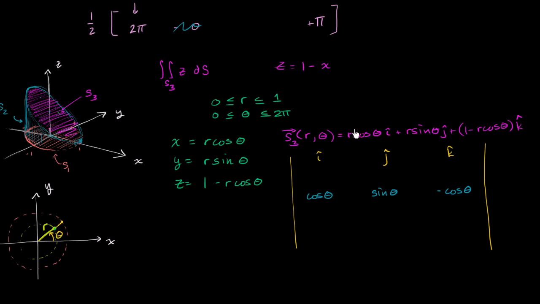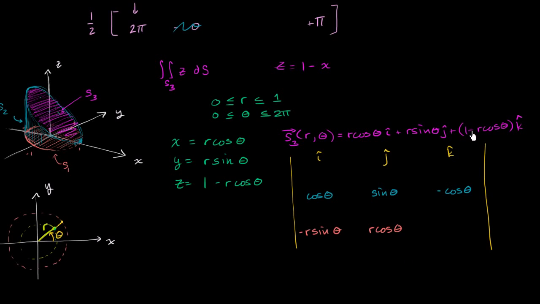The partial of this with respect to theta is negative r sine of theta. The partial of this with respect to theta is r cosine theta. And the partial here, this is 0, and then this would be negative r, oh no, let me be careful.